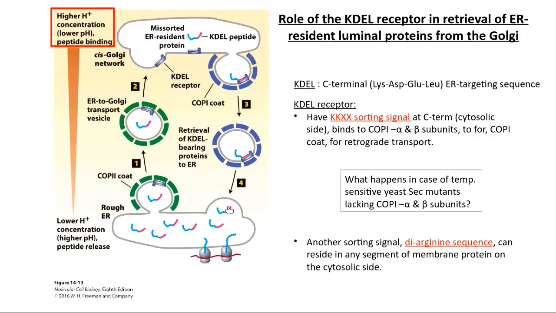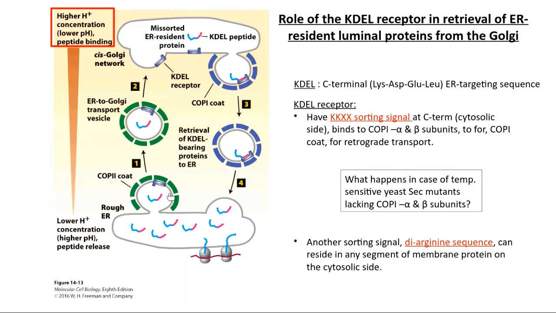The KDEL receptors, remember, are still bound to the membrane because those are membrane proteins. And eventually, those KDEL receptors are brought back to the cis Golgi compartment through anterograde transport, that is COPII coated vesicles, because KDEL receptors are membrane proteins.